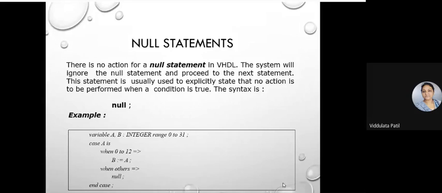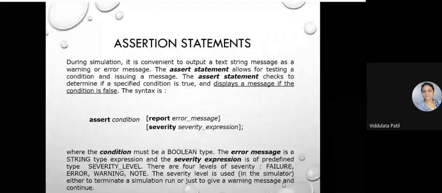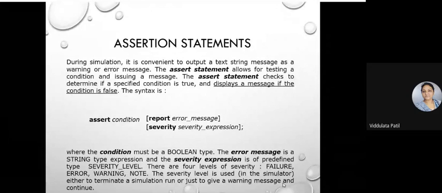The next statement is the assertion statement. Whenever we do a simulation, if a certain error or warning is present, it is convenient to output a message which states that there is an error or a warning.